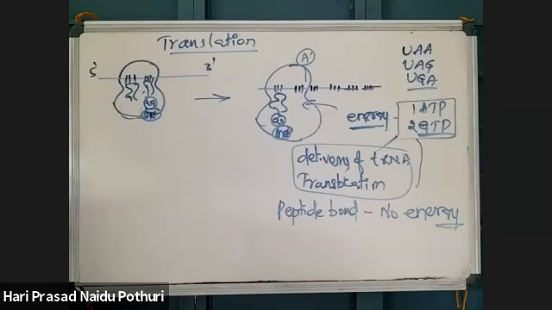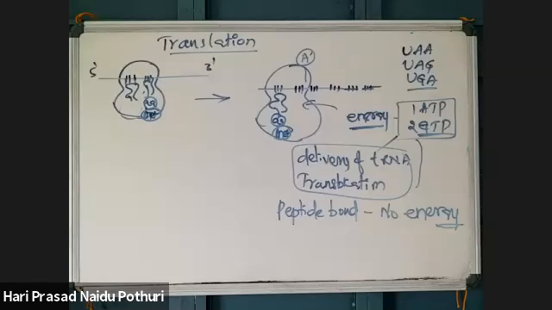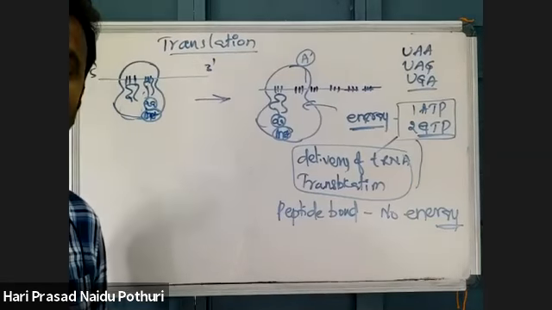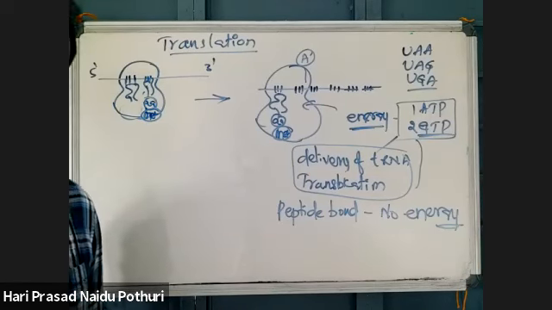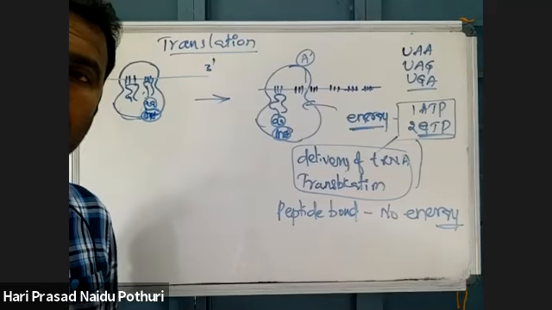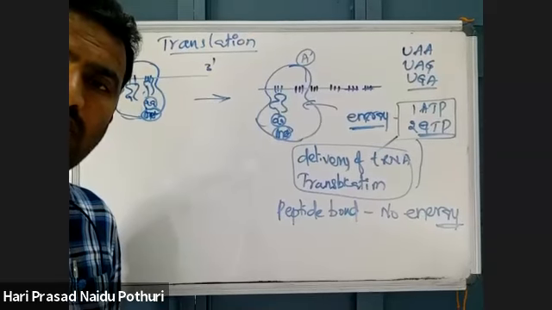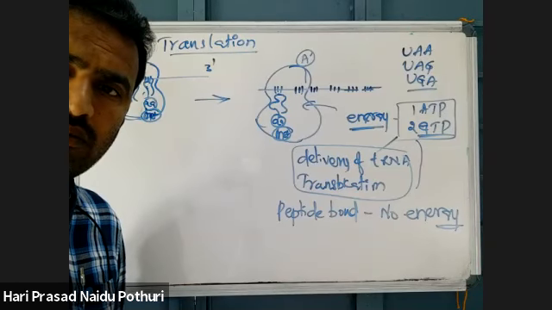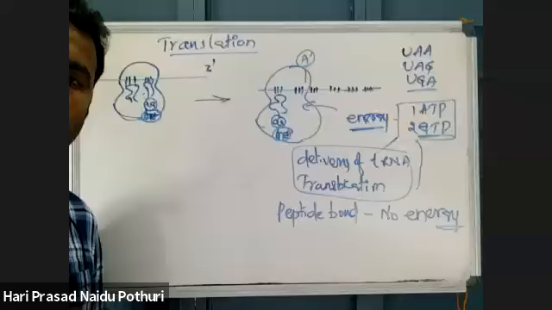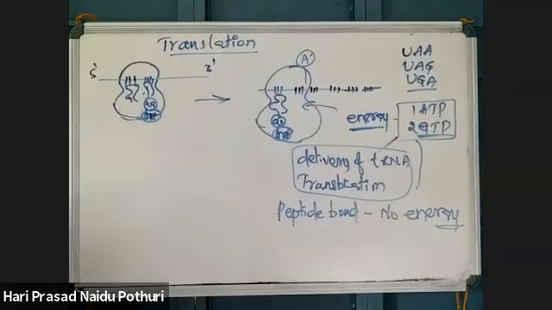Okay. Next point. The three reactions are repeated continuously until the ribosome reaches a stop codon.